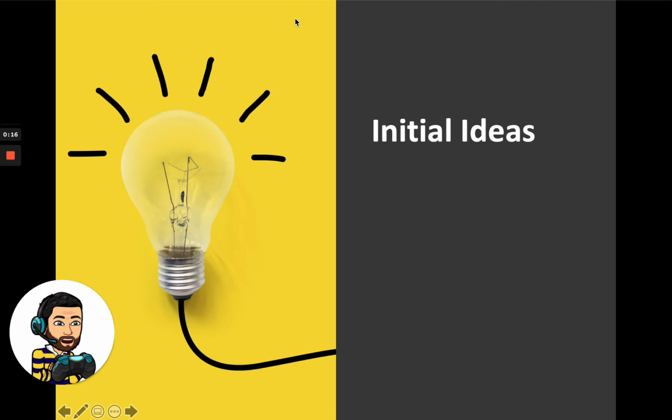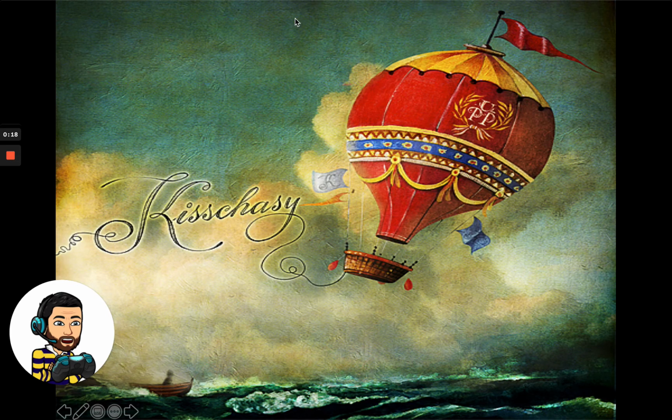So, initial ideas. If we work back from an example such as this, and think of this as the final piece, the realization of an artist's intentions, that's the end of the journey. If you were to reverse back from that and think, how do I get to that?